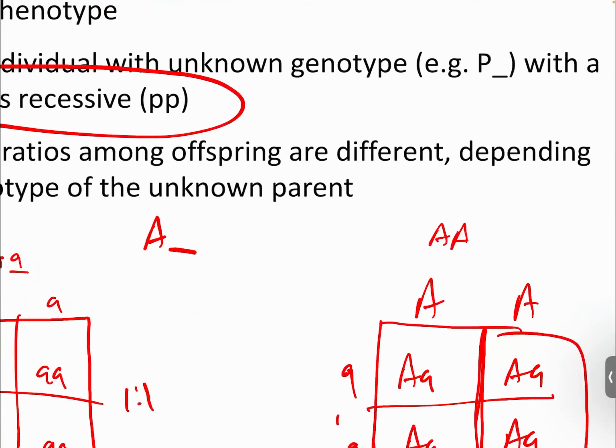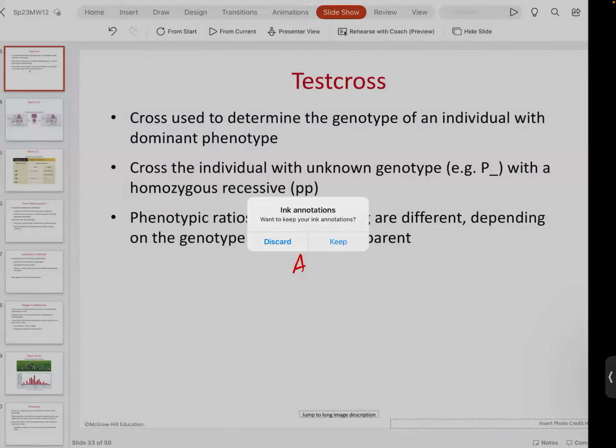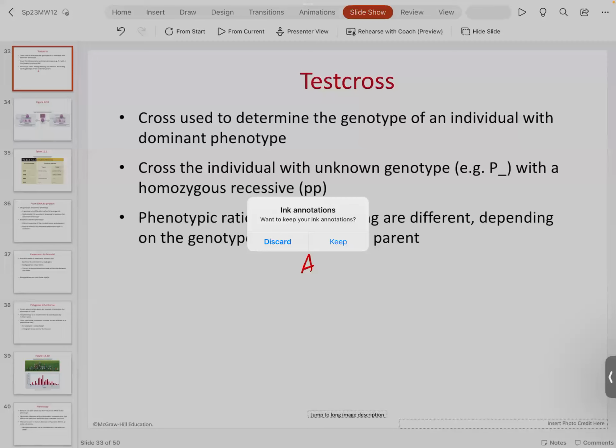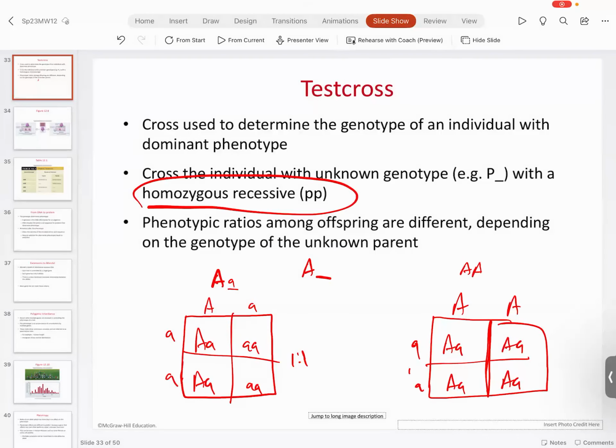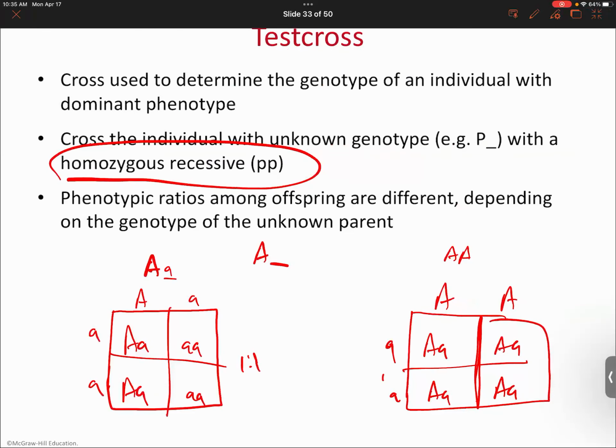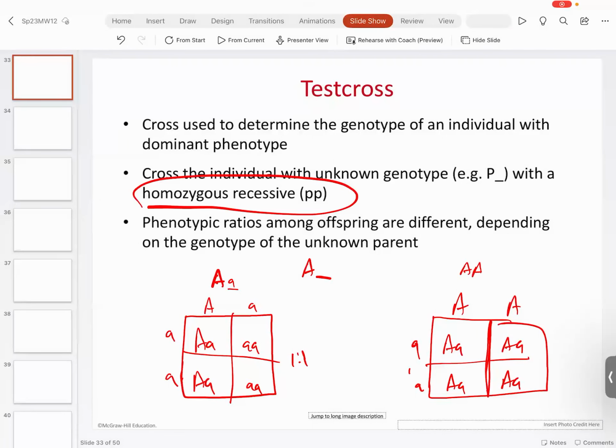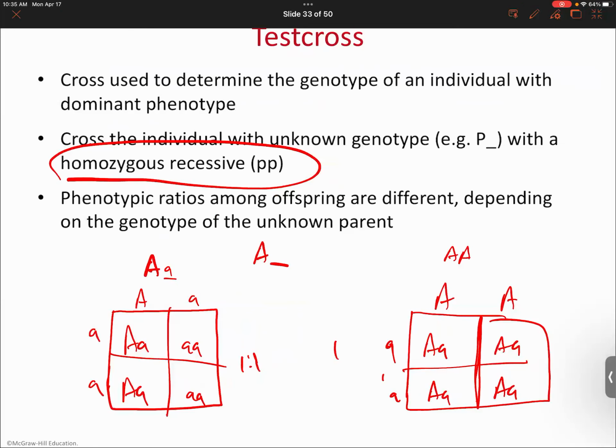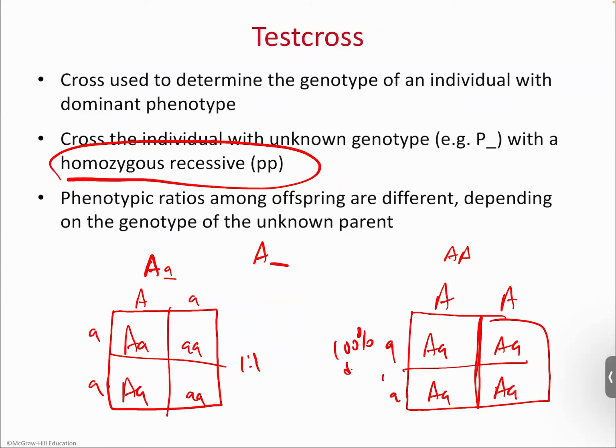So it's going to be 100% dominant. So in just one quick cross, you can determine what that allele is.